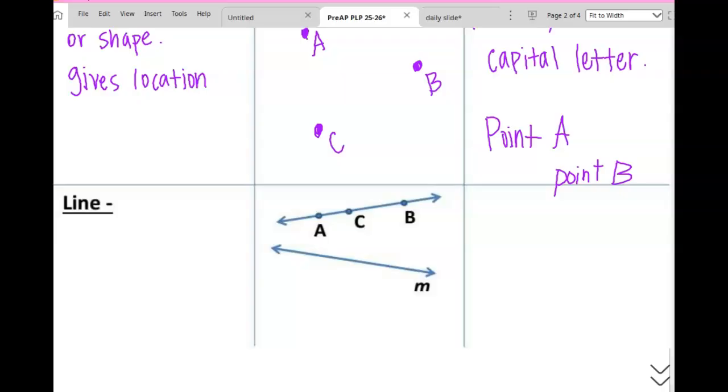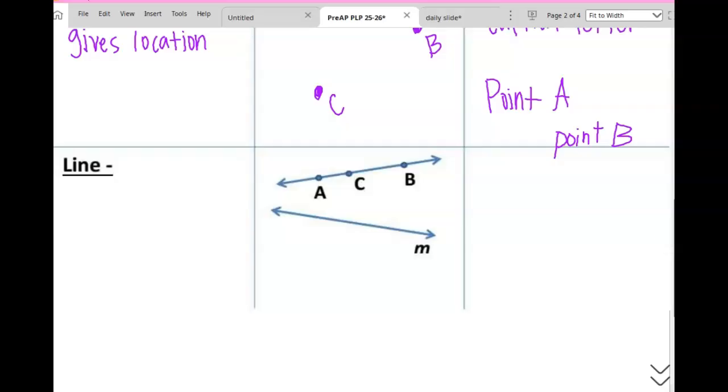So, a line, the formal definition is a set of collinear points. Not just any points, collinear points. And since we're already here, what does collinear mean?